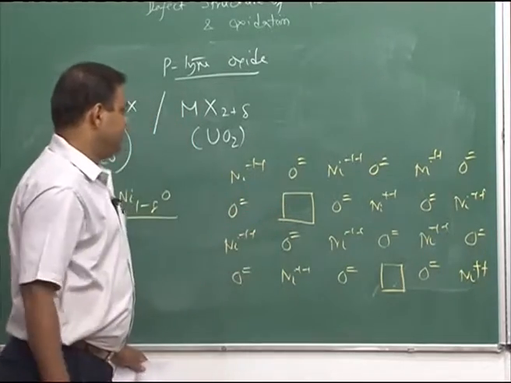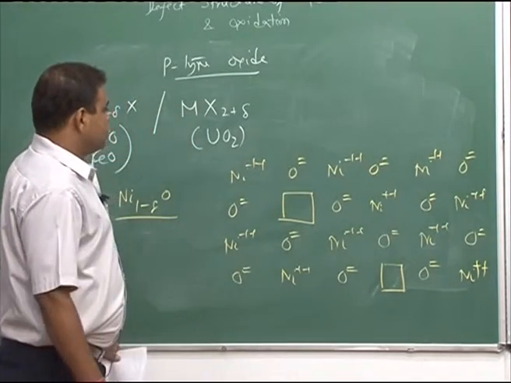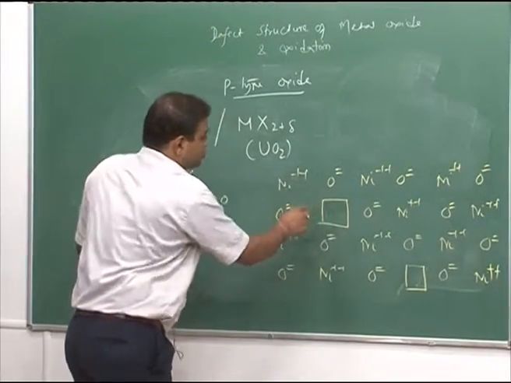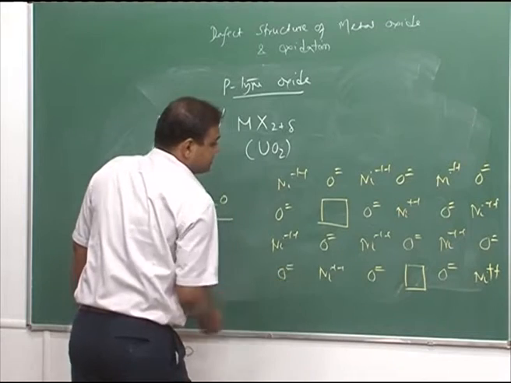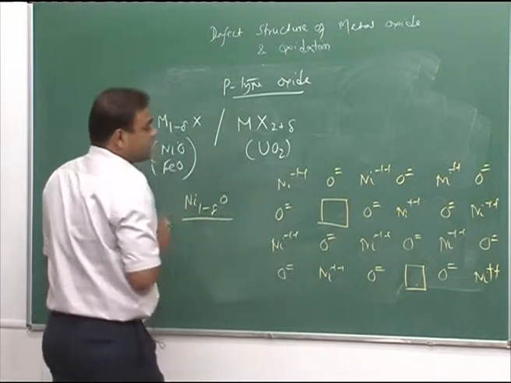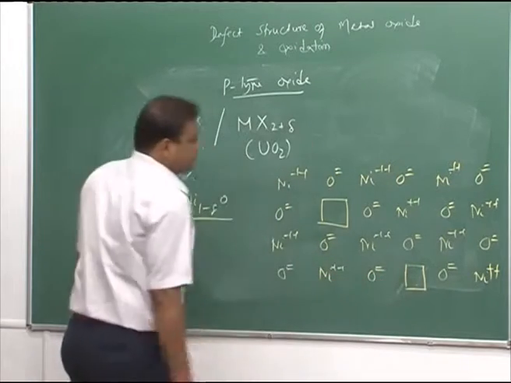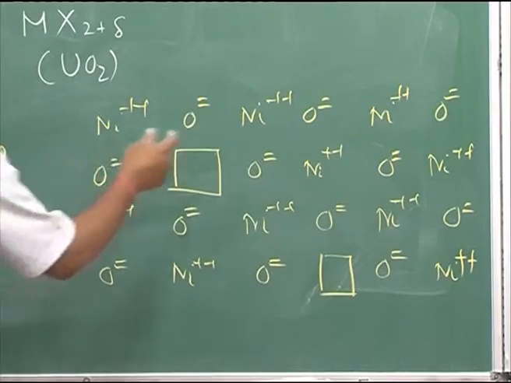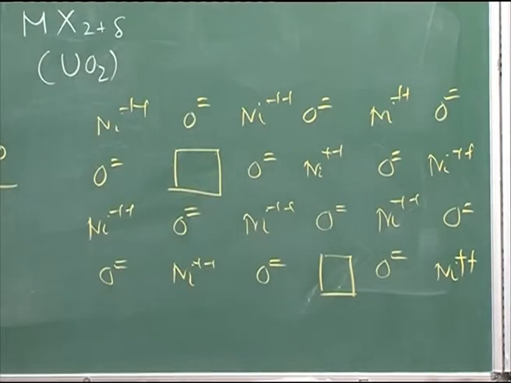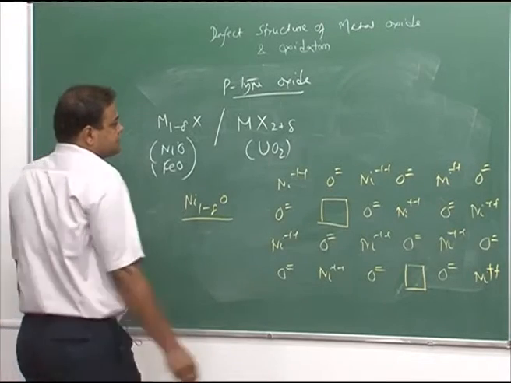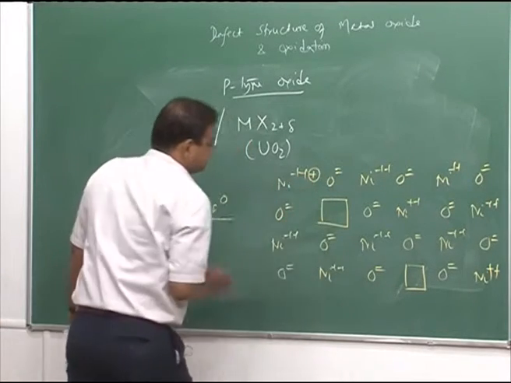So, in order to balance those 4 extra negative charges, that means these 2 nickel cations, here we have 1 nickel cation, here another nickel cation, both are missing, that means 4 negative charges would be extra. So, in order to neutralize those 4 negative charges, there would be a hole creation, this is hole.